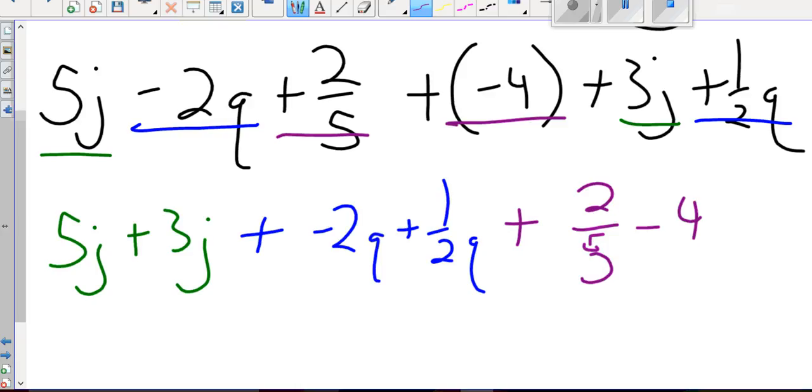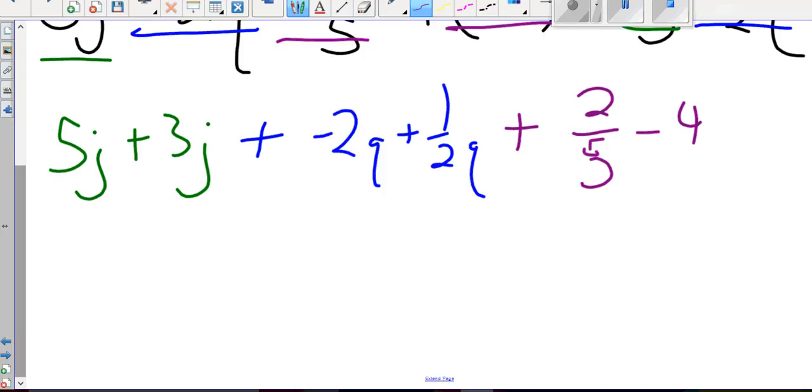And so with that, we're going to simplify by joining our like terms together. So 5j plus 3j equals 8j. All right, so we have a negative 2q and a positive 1/2 q.